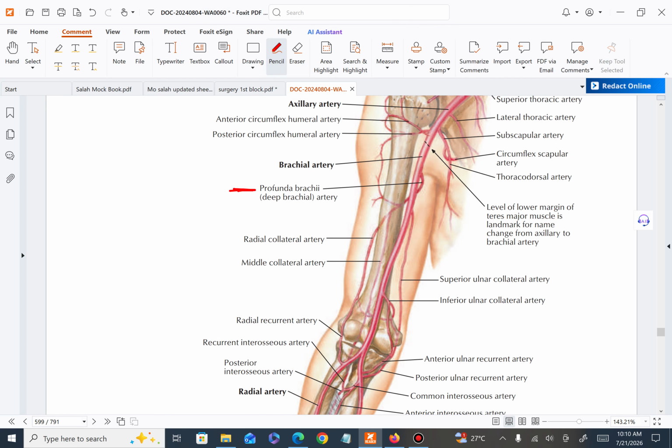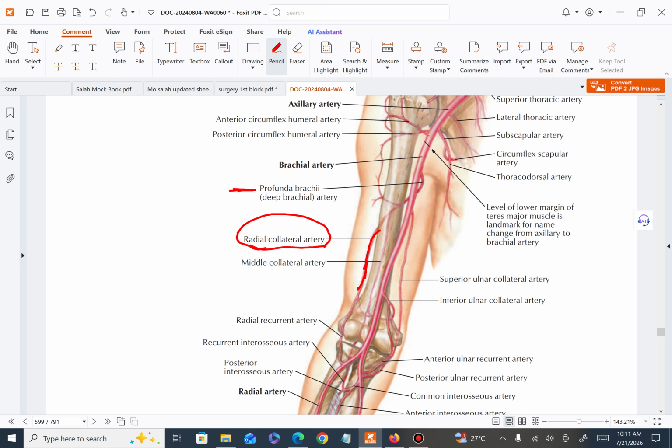When it originates from the brachial artery, it turns around the posterior humerus, and then it comes into the anterior lateral arm and continues as the radial collateral artery.